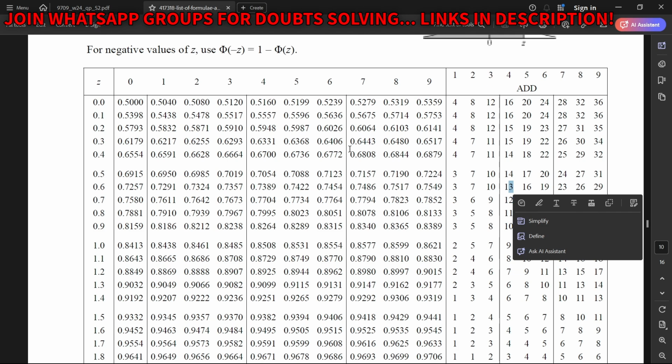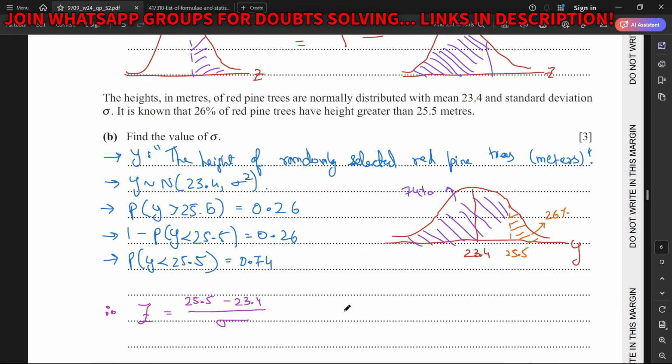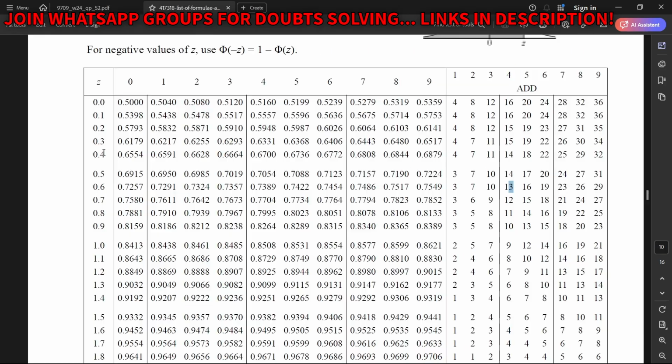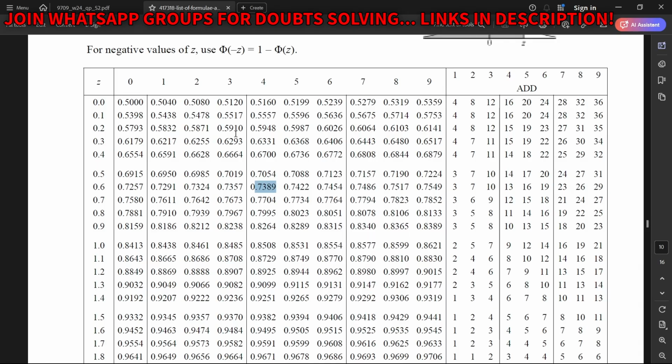So the value of z for the probability 0.74 is going to be 0.643. So z is equal to 0.643. Okay, I'll just check it once more: 0.64 and then 3. Okay, great.